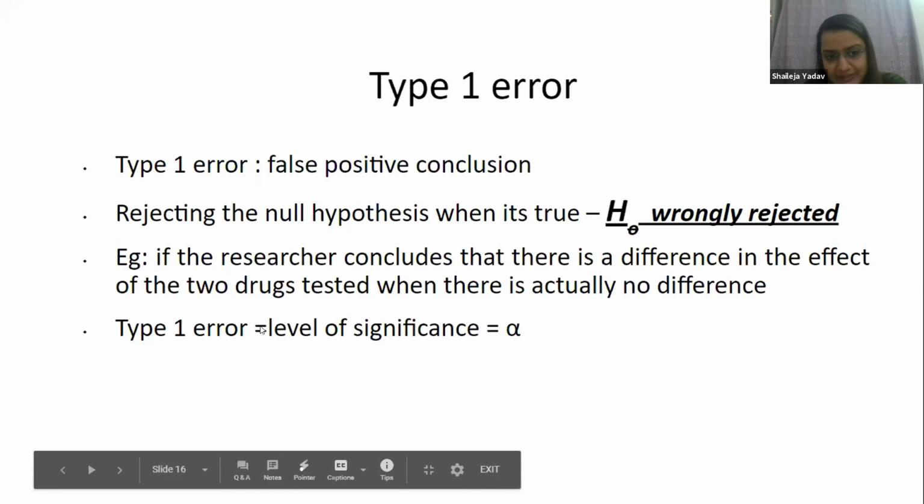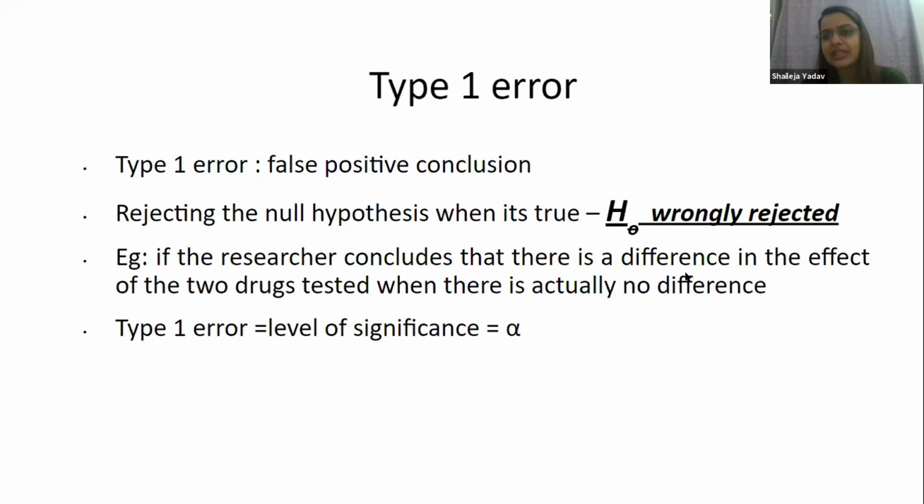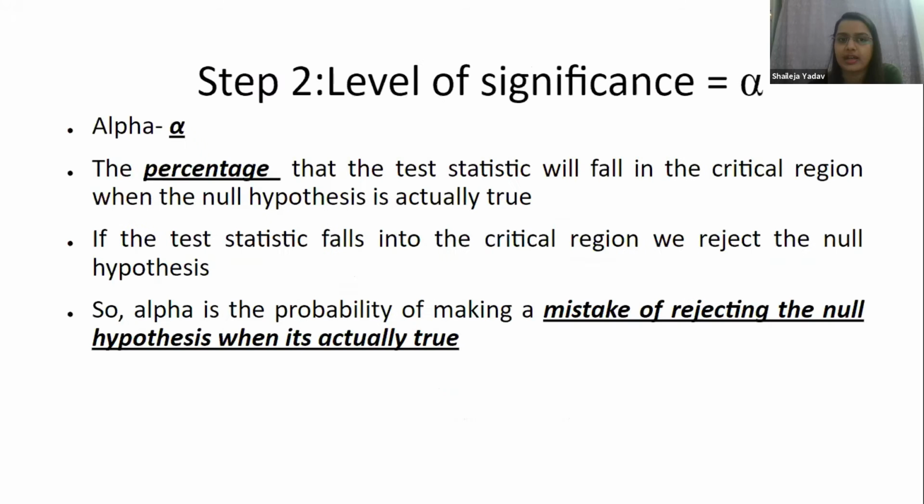How do we protect ourselves from this type 1 error? By setting up a level of significance. Then we choose alpha. Usually, we all know that alpha is taken to be at the level of 0.05, and unless you have a reason to change that, we go for 0.05.